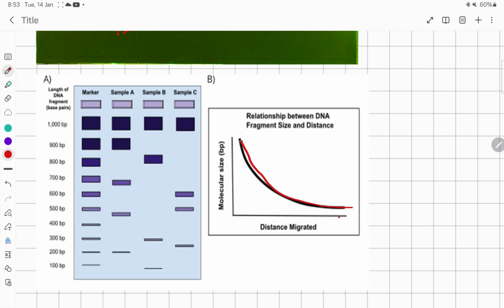Molecular size is higher at the lower distance, whereas as the distance progresses, the size decreases. You can see 1000 base pairs near the well, whereas 100 base pairs are distant from the well.